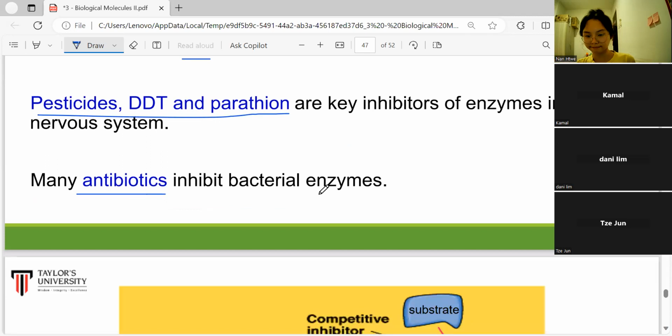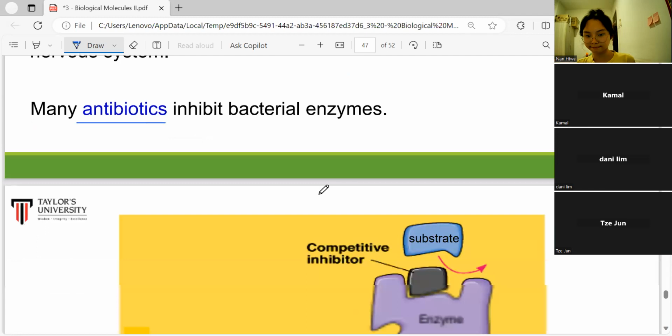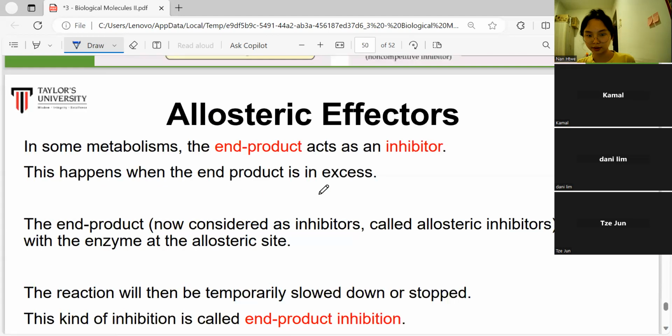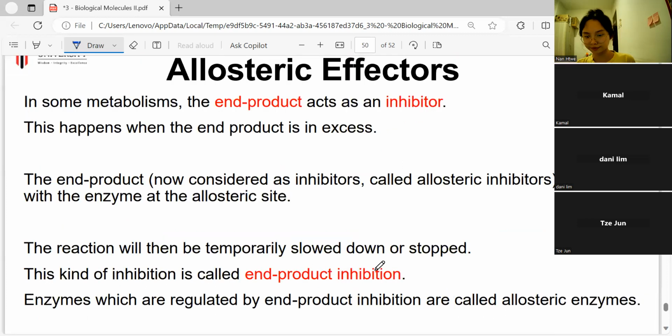And then we have another one, allosteric inhibition. Just now we called this the allosteric site, right? Please be careful. Allosteric site, allosteric inhibitors, allosteric inhibition, and product inhibition are not the same.